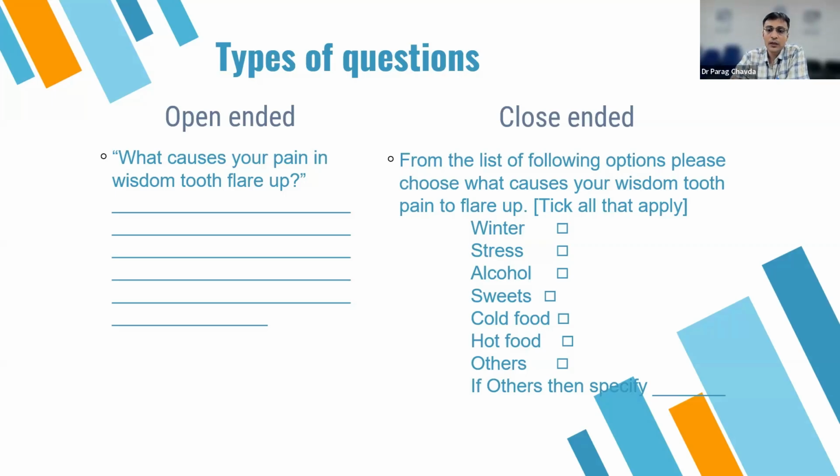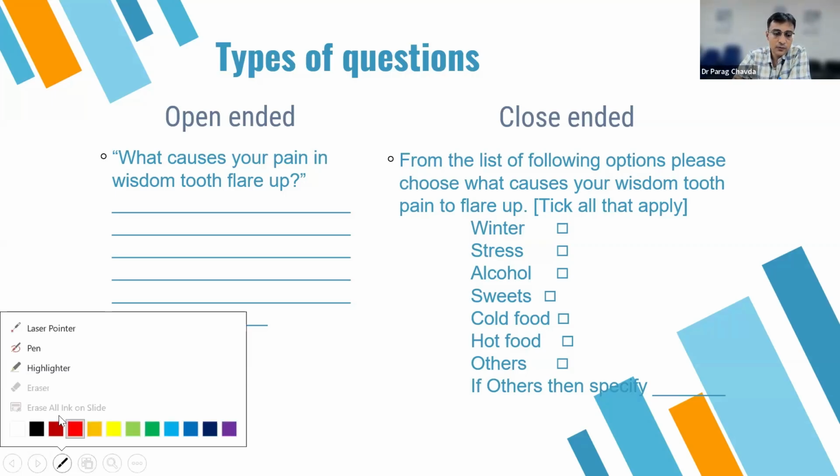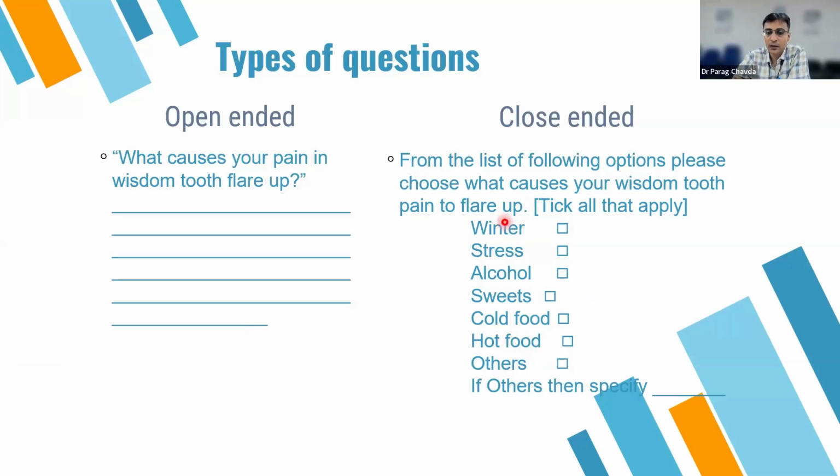So in research, in quantitative research, it will usually be preferred that you utilize the approach which is on the right side rather than on the left side, right? Because we wish to be very specific and focused and meticulous in our research. So you usually prefer to use close-ended questions.